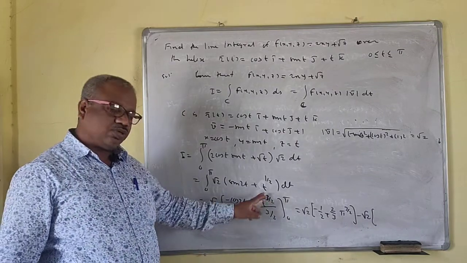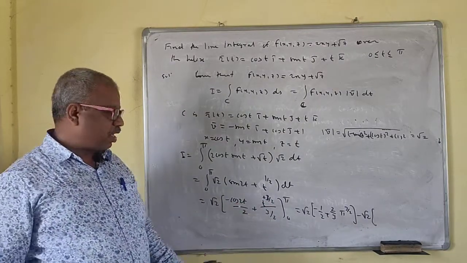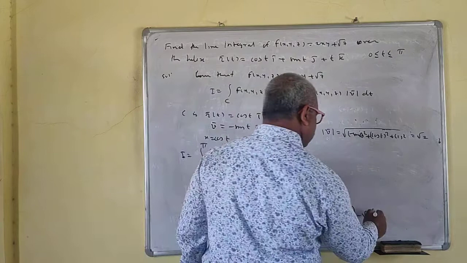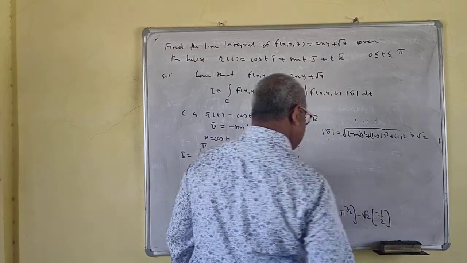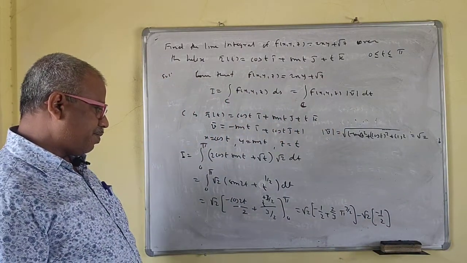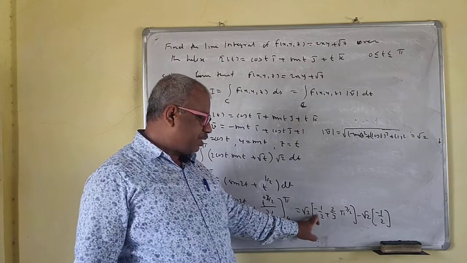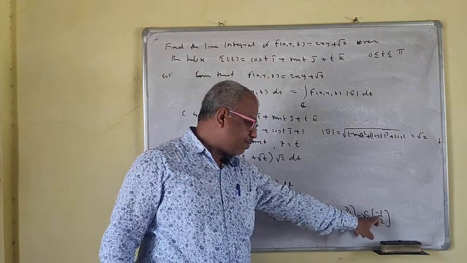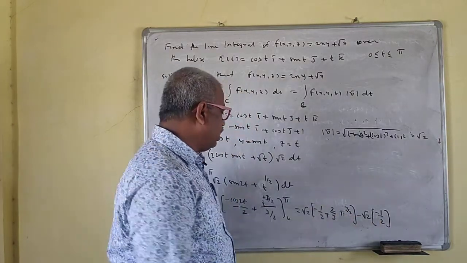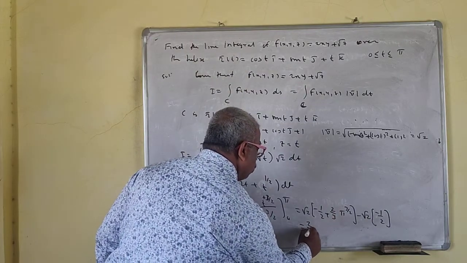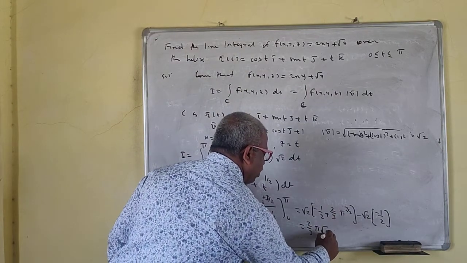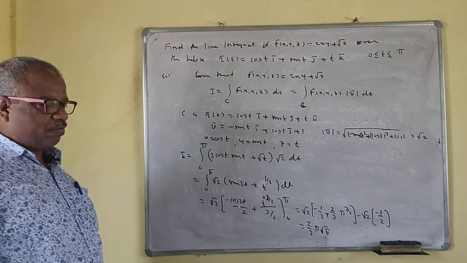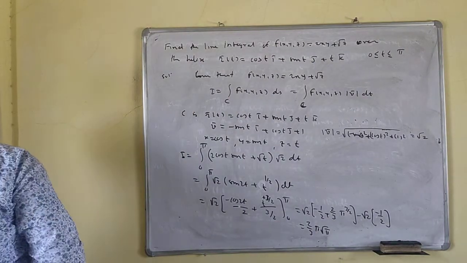If you put t is equal to 0, this will be 0, cos 0 is 1, so this is minus 1 half. Now root 2 minus half is there, and this is plus root 2 minus half, so it gets cancelled. Only this remains: 2 by 3 pi root pi. Pi to the power 3 by 2 means pi root pi.